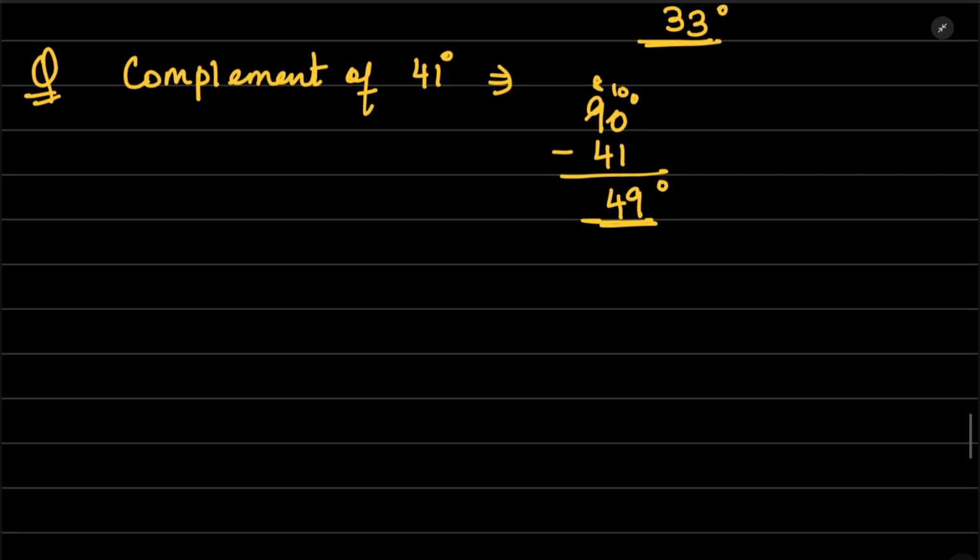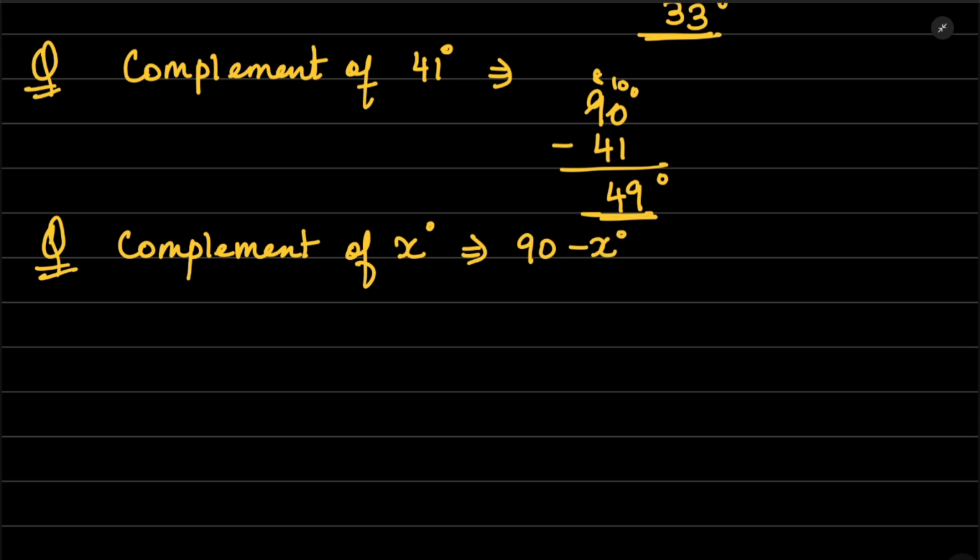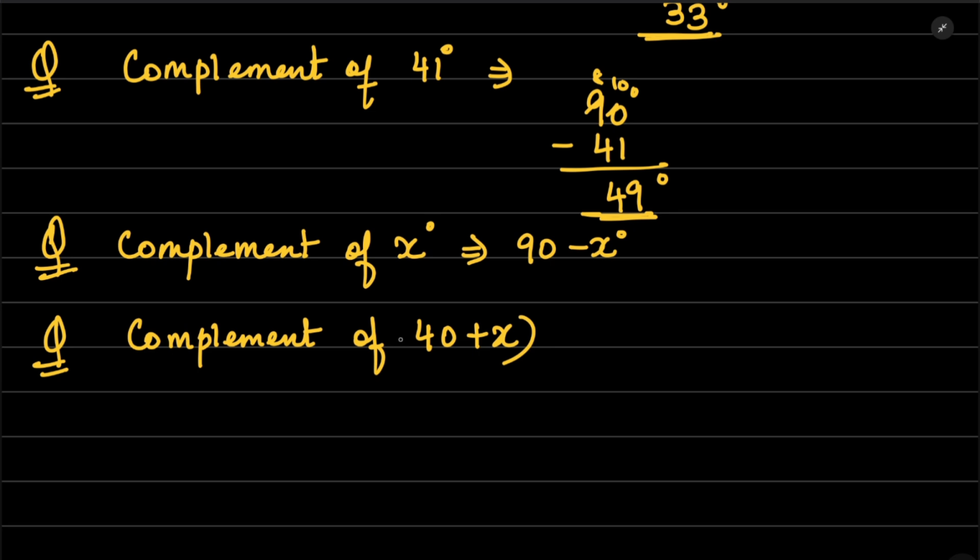So if you are asked to find the complement of any angle, even if it is x degrees, the complement will always be 90 minus x. Suppose the question is to find the complementary angle of, say, 40 plus x degrees.